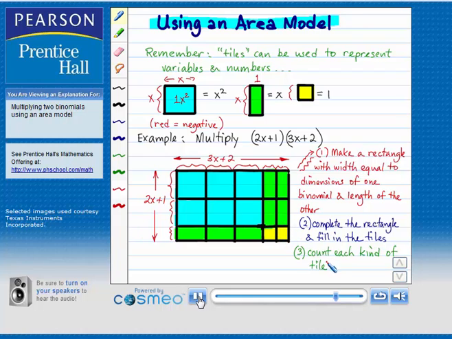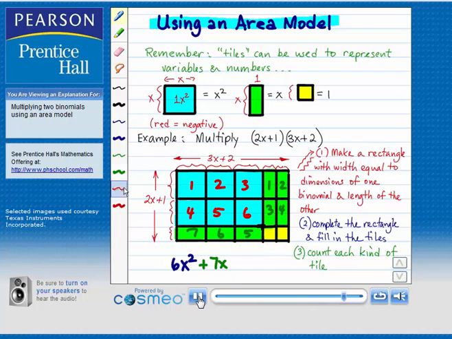Okay, so now all I need to do is count each type of tile. You can see that I have 6 large blue tiles. So that's going to represent, let's use blue for that, 6x squared. And then I have 1, 2, 3, 4, 5, 6, 7 green rectangles, so that's going to be plus 7x.